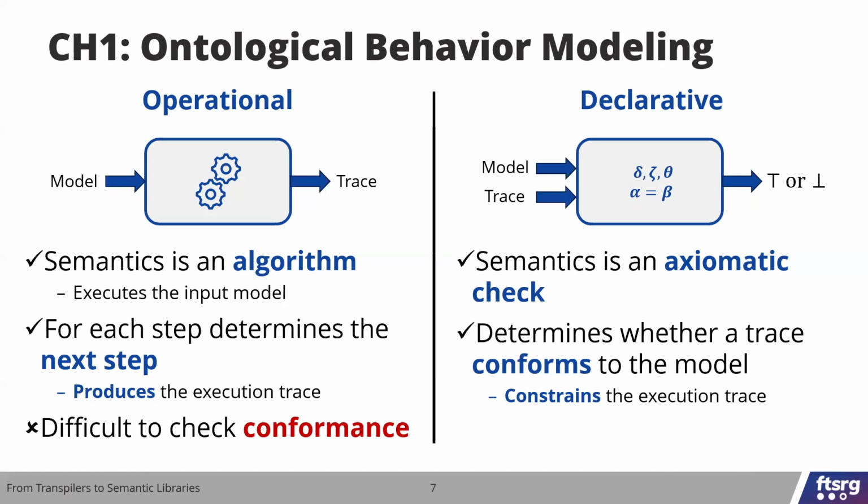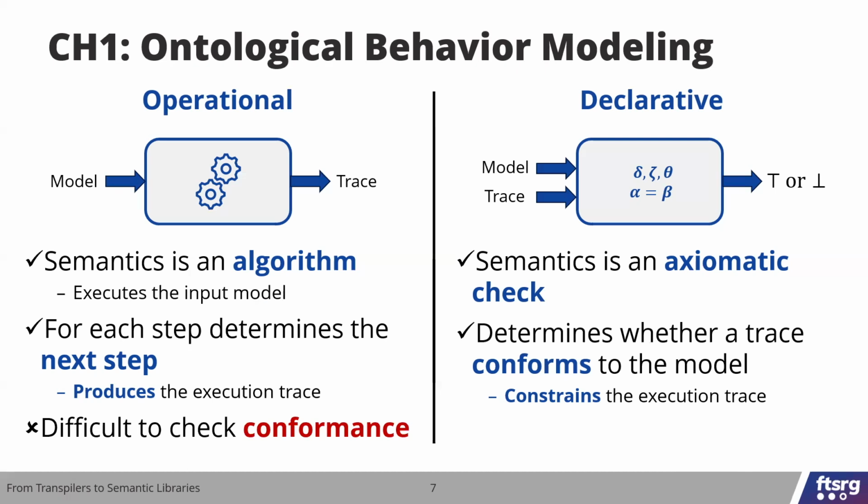On the other hand, there are drawbacks to each of these semantics. With operational semantics, it's difficult to check the conformance of the execution trace to the original model, because we don't have a straightforward way to map back and check the conformance.